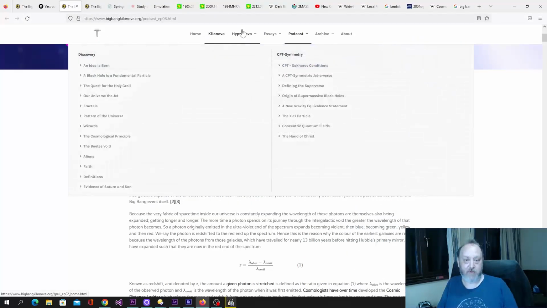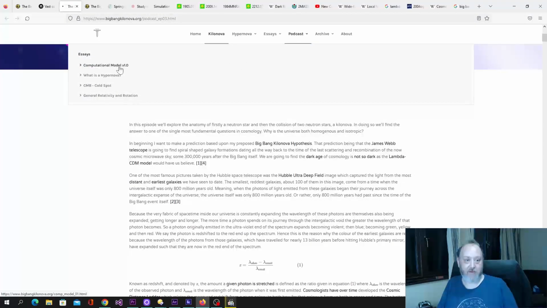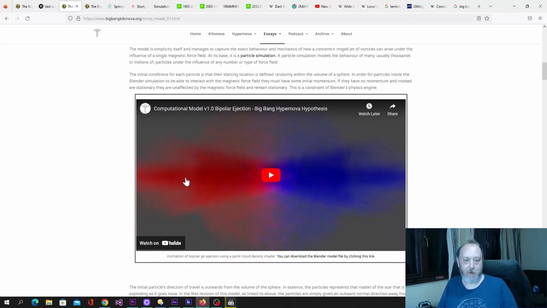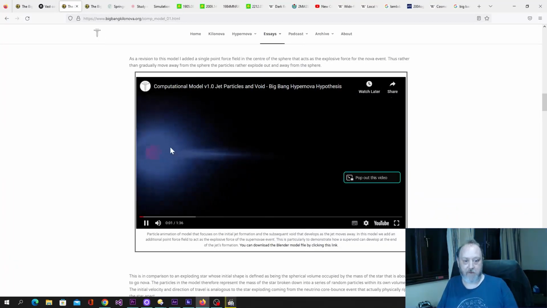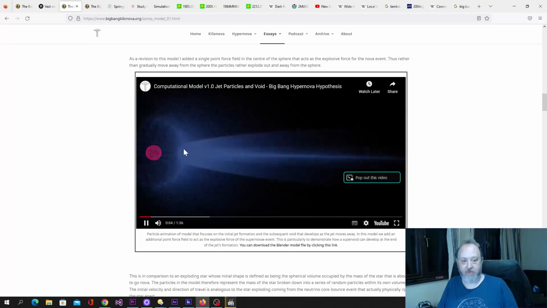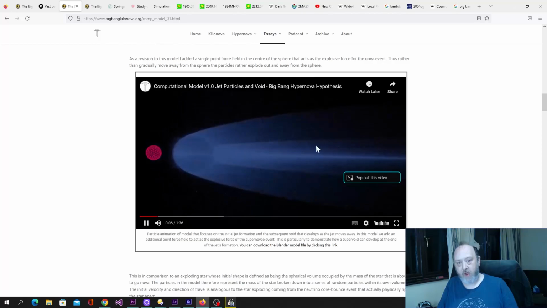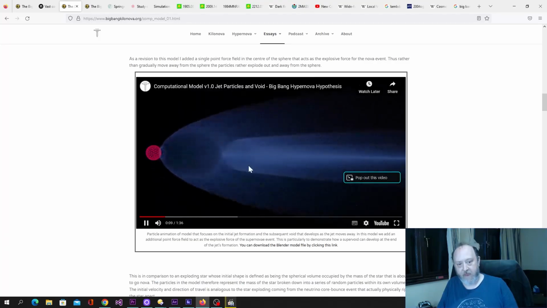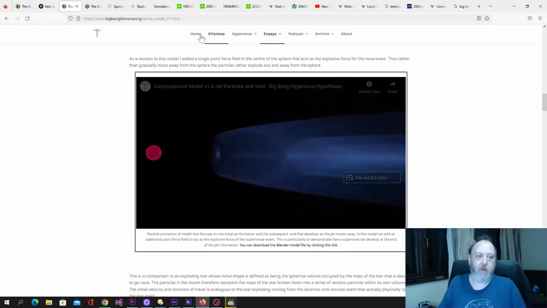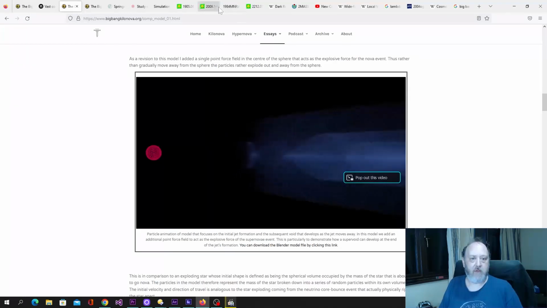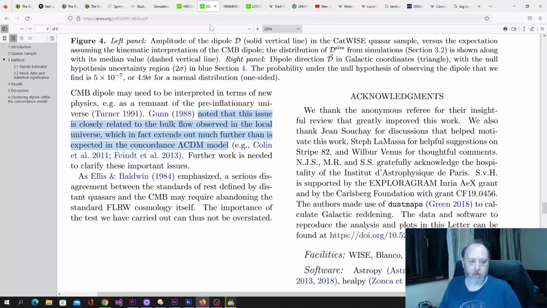Or as I would put it, everything in our universe is essentially moving all at the same speed in one general direction, away from the Eridanus supervoid. The bulk of the universe is going like that. That is what's happening. Further work is needed to clarify these important issues. Well, I'm glad I did the work for them.